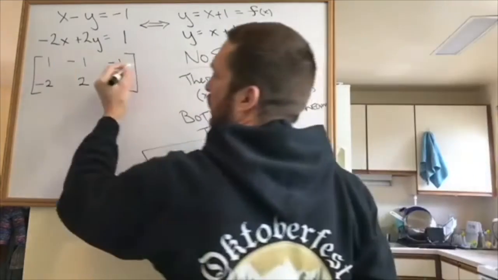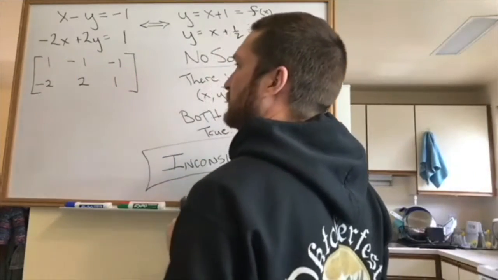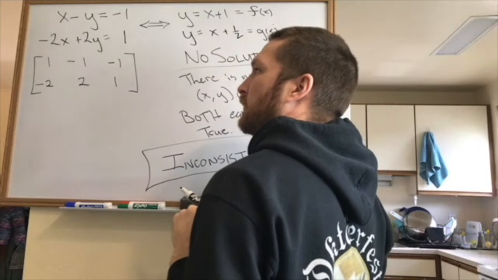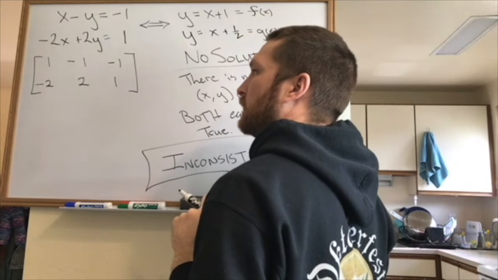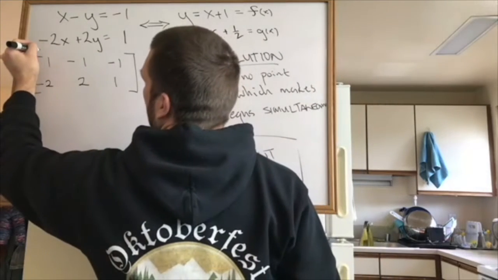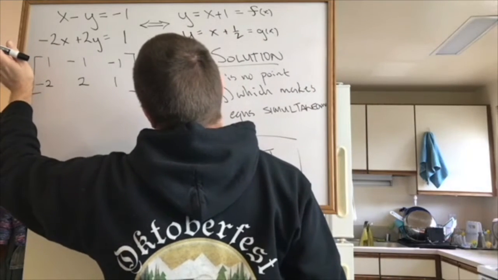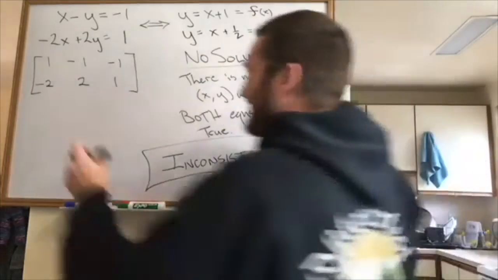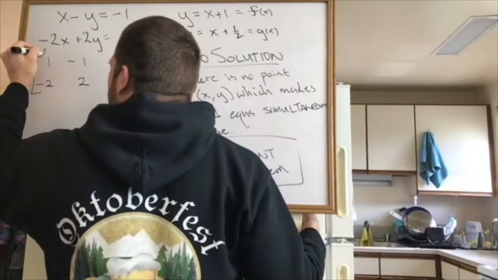And so what do I need to do to the top equation? Multiply it by 2. I like to do it by -2, personally. No, you're absolutely right. Multiply it by +2, Justin.